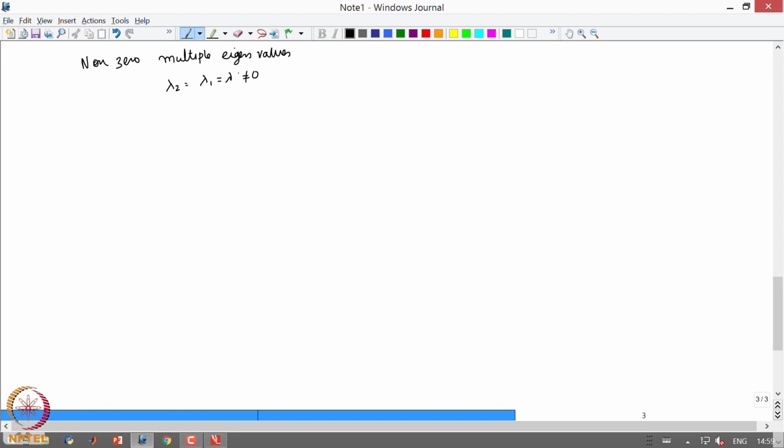We will come to the case of the 0 eigenvalue a little later. With the appropriate transformation, I can write the system as z1 dot is lambda z1 plus k z2, z2 dot is lambda z2. So a couple of cases can occur: when k is 0 and when k equals 1.